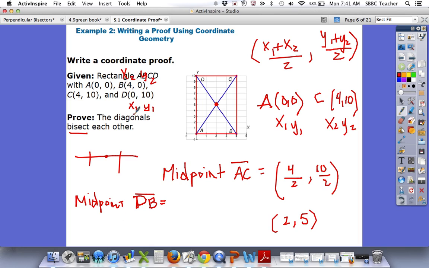We have 0 plus 4 is 4, divided by 2, and 10 plus 0 is 10, divided by 2. When we simplify that, we get (2, 5). Notice we got the same midpoint for both AC and DB. So that is the midpoint for both, and since it's the midpoint, it bisected each segment into two congruent parts. So the diagonals do bisect each other. Awesome.